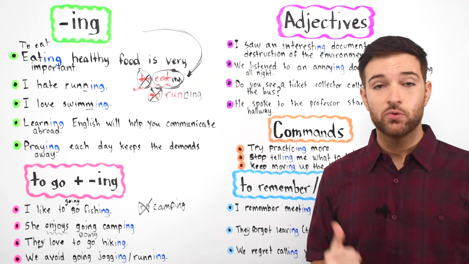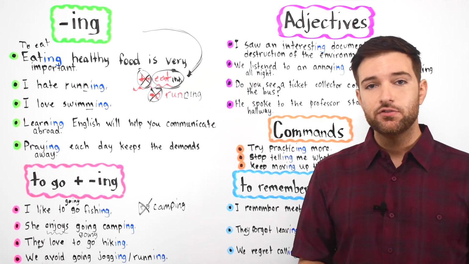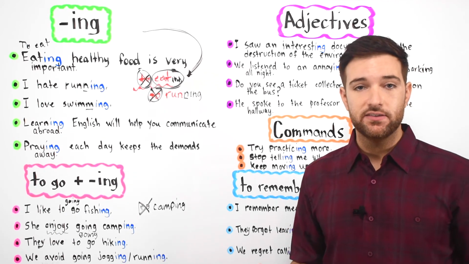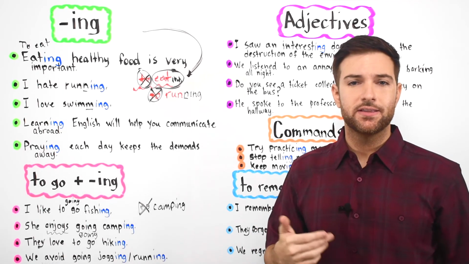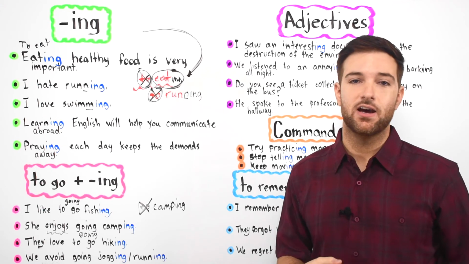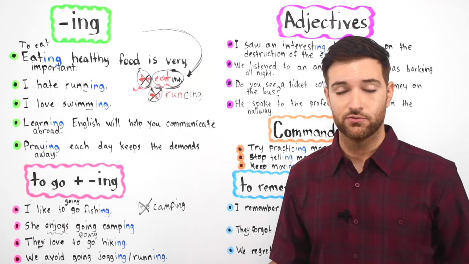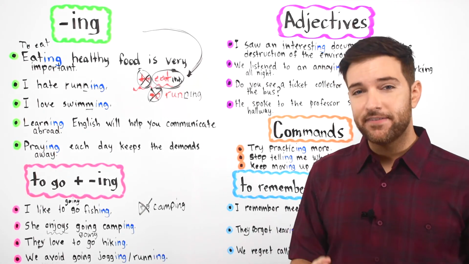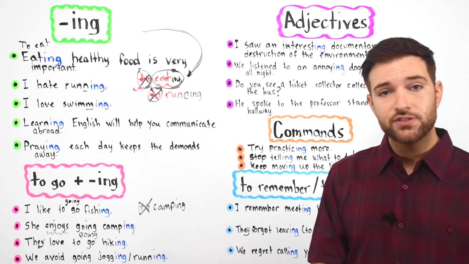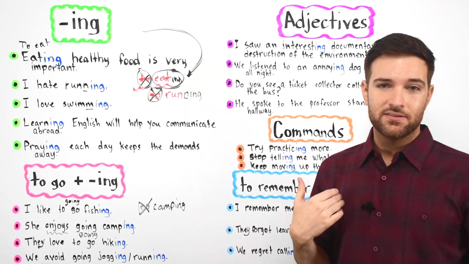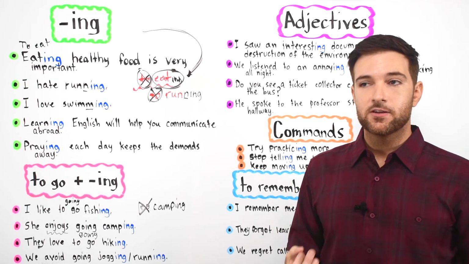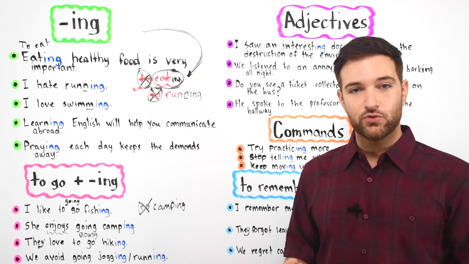Now, what's interesting about this is if you say they forget to leave a tip after their meals, to an English speaker's ear, it seems that you're saying that these people have a habit of not leaving a tip when they go out to eat at a restaurant, as if it were a fact or something. But if you say they forget leaving a tip after their meal, it sounds different to me. It sounds like there's a bit of a difference in the meaning between the two ways.